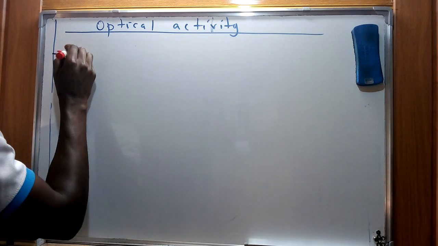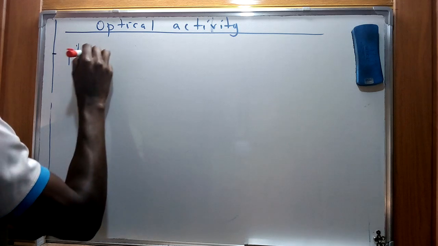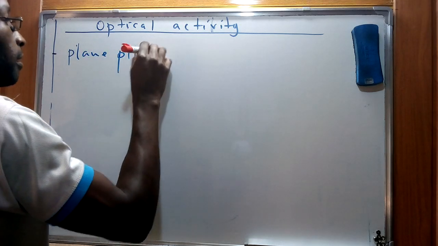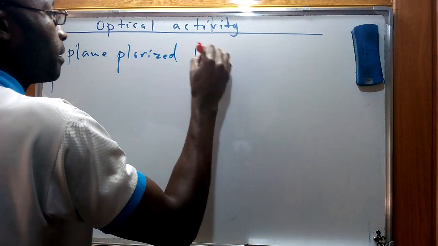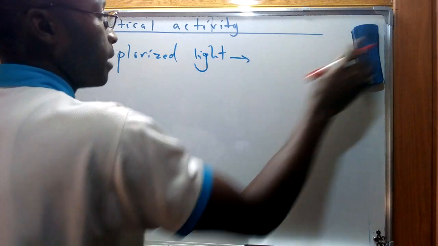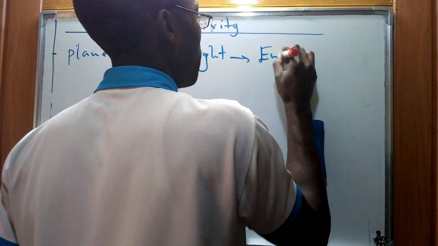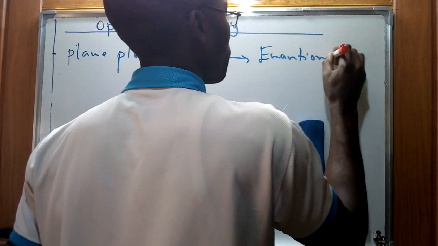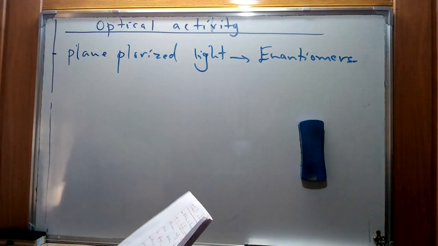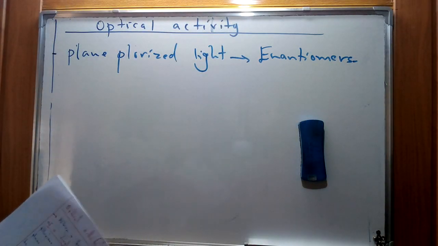So whenever this beam of plane polarized light is passed through a solution of enantiomers, earlier on we discussed what the concept of enantiomers refers to.